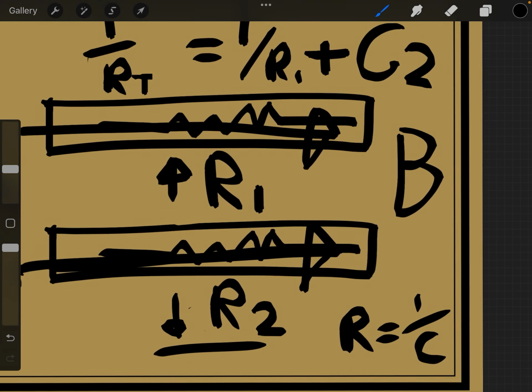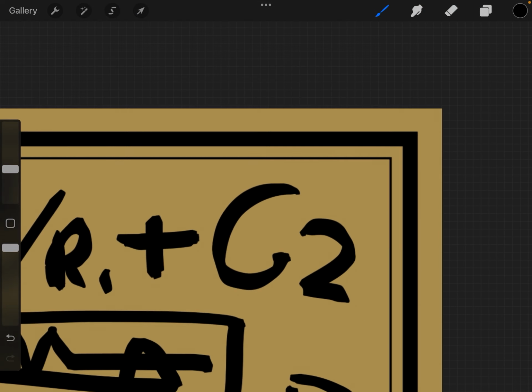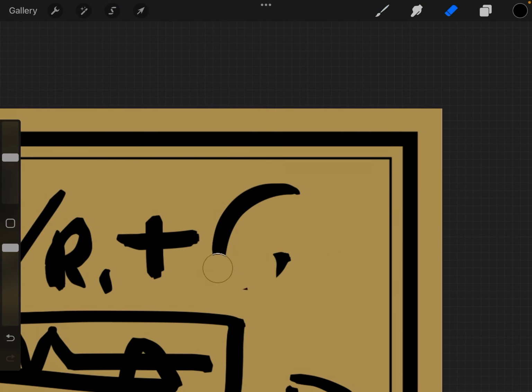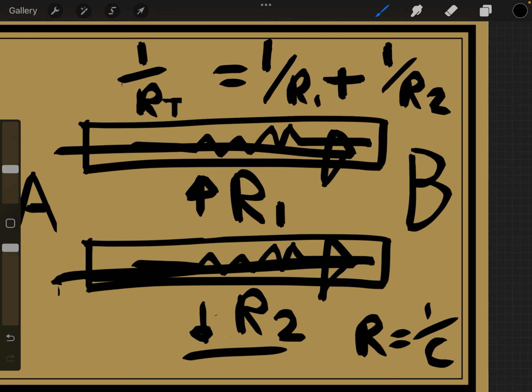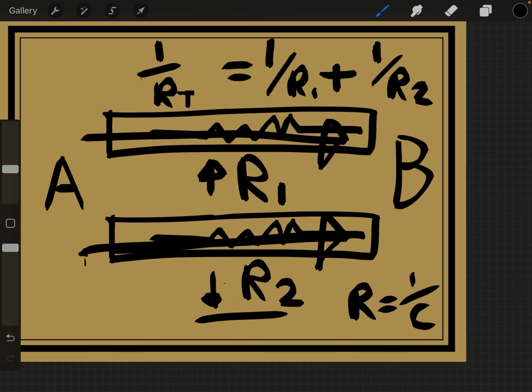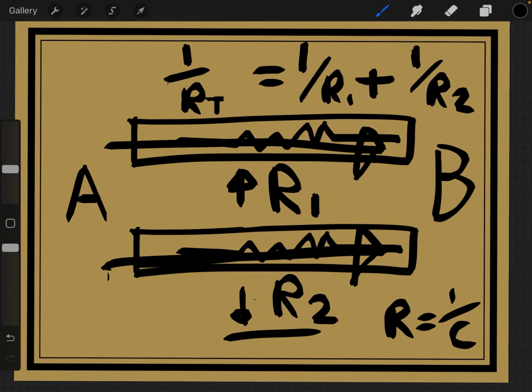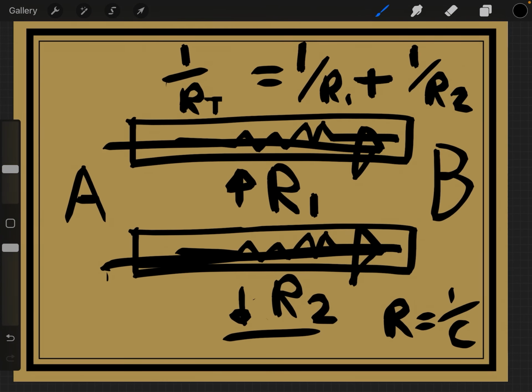That's all C1 is: C1 is just 1 over R1, and C2 is just 1 over R2. So 1 over total resistance is equal to 1 over R1 plus 1 over R2, which doesn't make for a very nice formula, but I hope now you can understand how we got there.